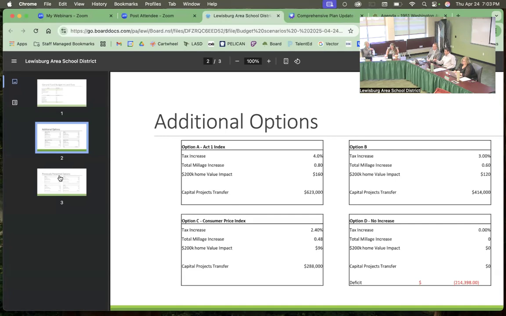For March, that was 2.4. So if we look at the 2.4% increase, option C, that would be a 288,000 transfer to capital projects. And then I have on there option D, no increase, 0%. Keeping all things equal on the expense side, we would have no transfer to capital projects, and we would still have a deficit of 214,000.